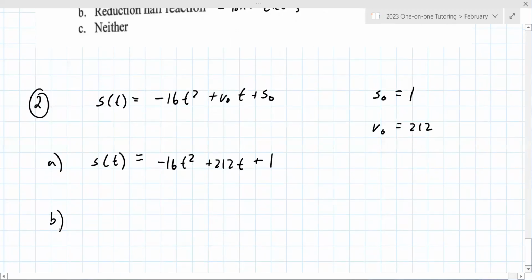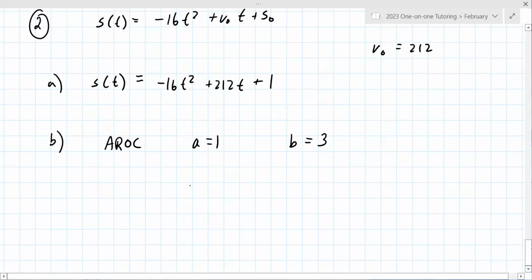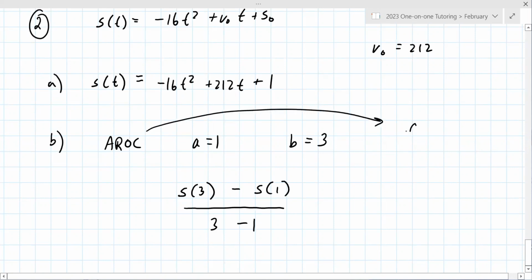Part B is to find the average rate of change, the AROC. You're going from a equals 1 to b equals 3. So what you have to do is find S of 3 minus S of 1 over 3 minus 1. So your average rate of change is f of b minus f of a over b minus a.